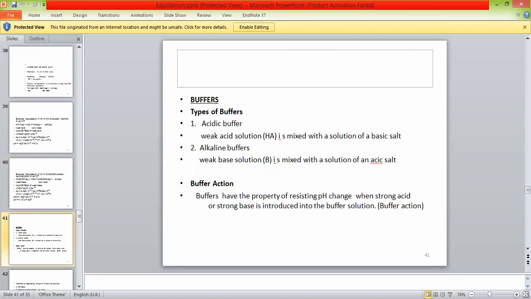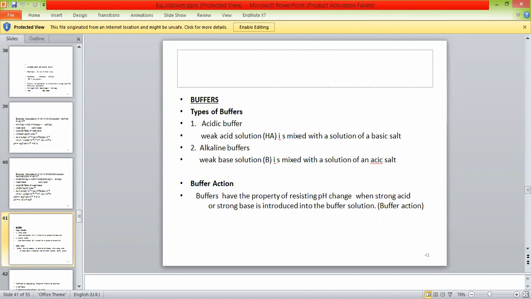So we have buffer systems. A buffer is defined as a solution that is made from a strong acid and a weak base, or a weak acid and a strong base, that resists change in pH.